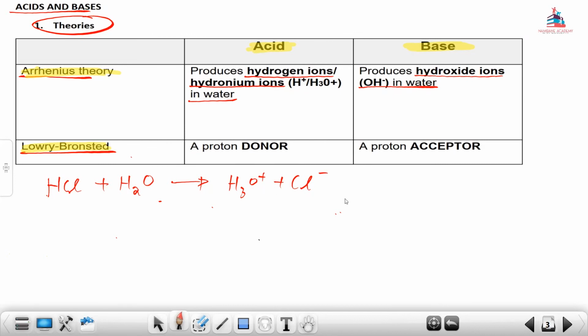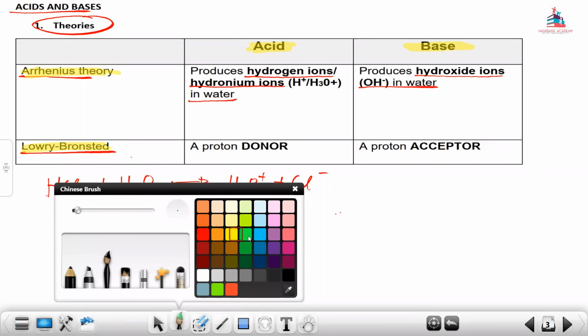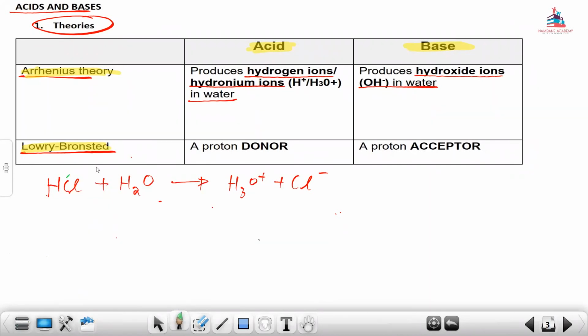Looking at this reaction, HCl donated a hydrogen to this H2O, such that we have H3O plus. So what does this say to me?